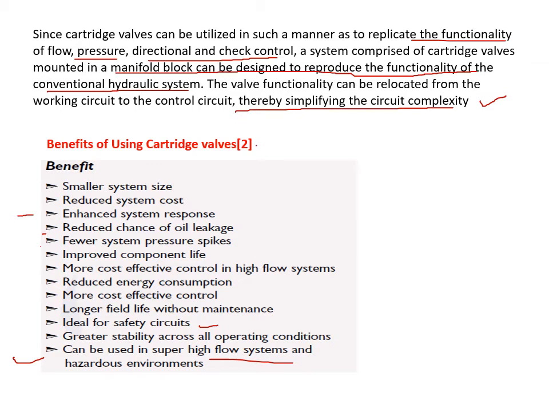There are many applications and many spaces where a human cannot go and operate the valve, and at that particular position the cartridge valve is the best solution. Either cartridge valves are used or servo valves are used. Both of them have their own advantages. So depending on your application, you need to choose which particular system you will prefer.